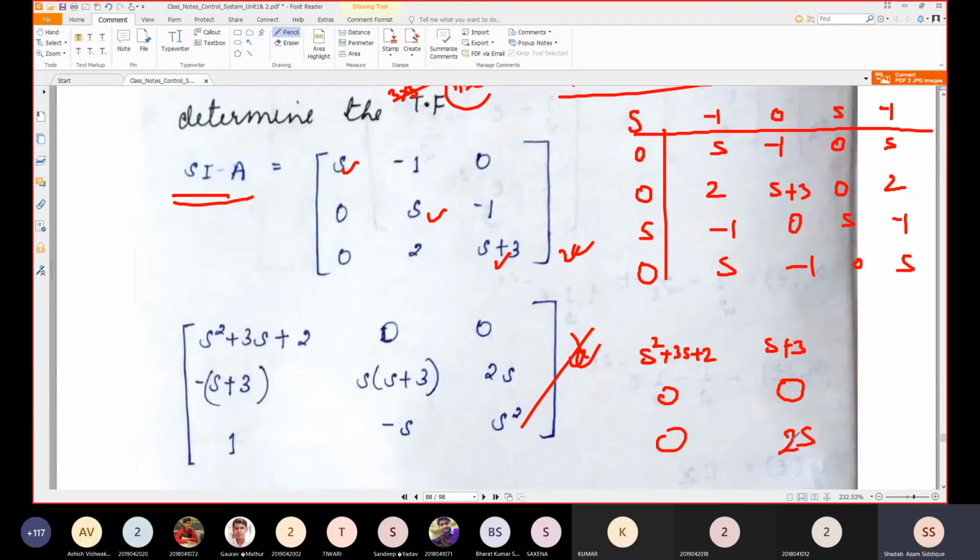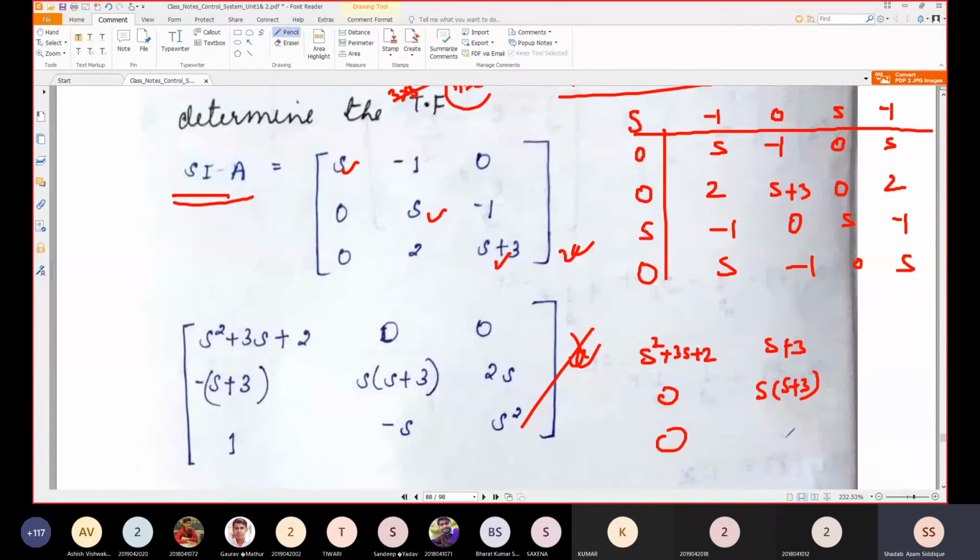Let me correct myself, please. This term was s into s plus 3. I was thinking this was multiplied by 0, but this should give you s into s plus 3, and the 0 multiplied with minus 1 will be 0.